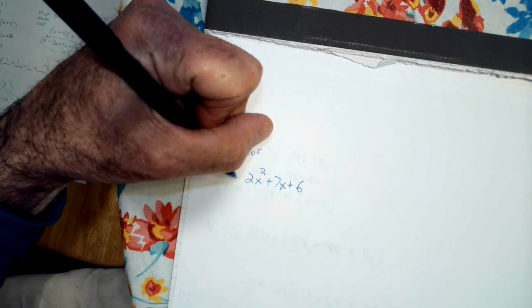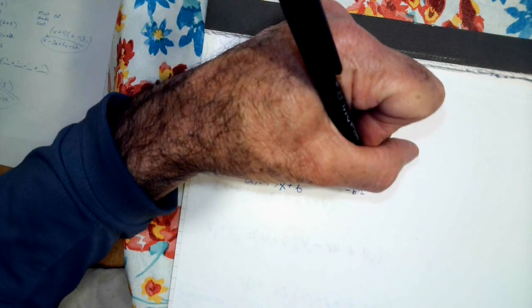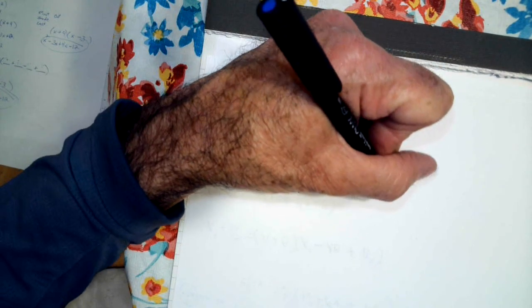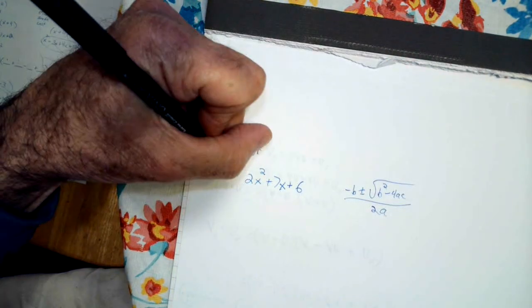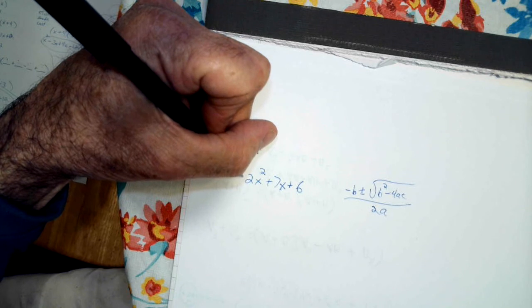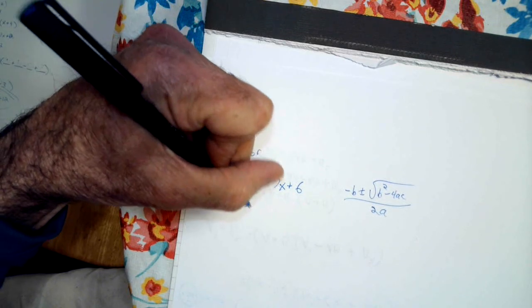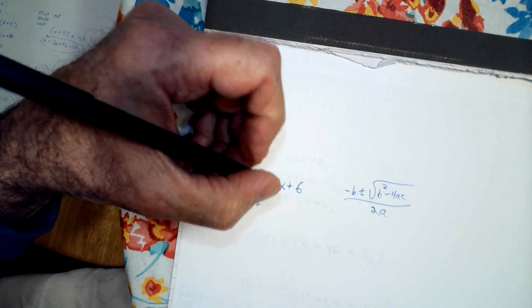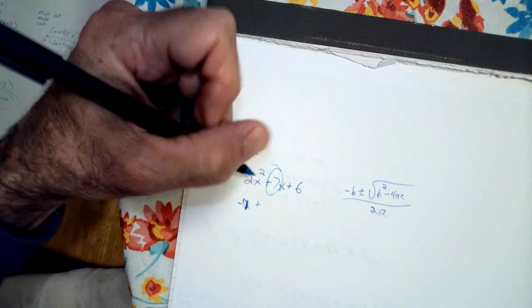Do the quadratic equation: negative b plus or minus the square root of b squared minus 4ac, over 2a. So I'm going to solve this one, or I'm going to factor this one. Watch what happens. Negative b is negative 7.